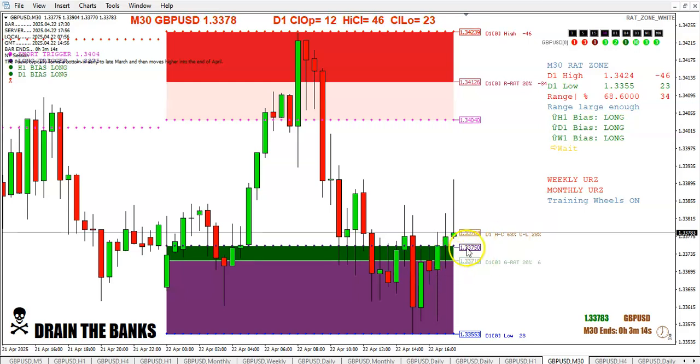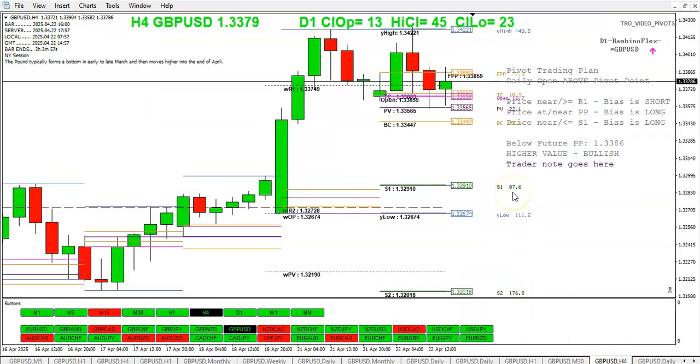Coming back down here, and that 75 is right on the edge of the green rat zone. Bambino Flex indicator said to go long. Price near the pivot was long, so that would have paid off today.